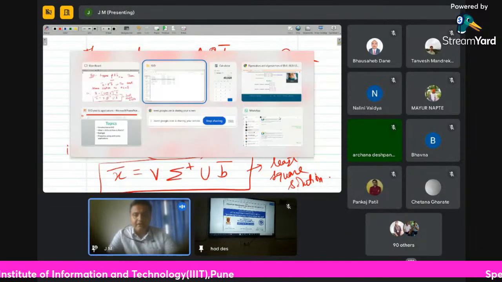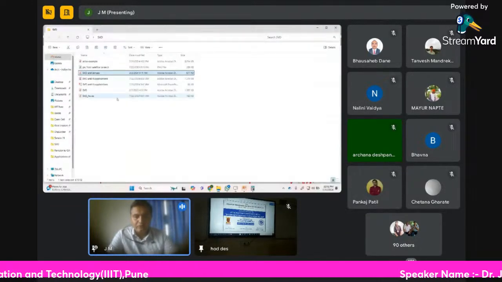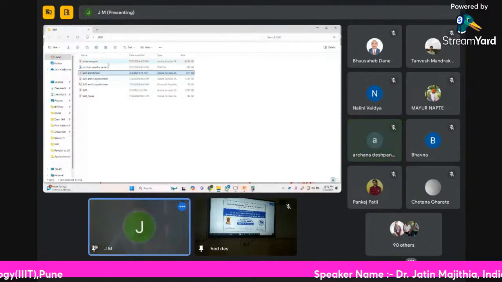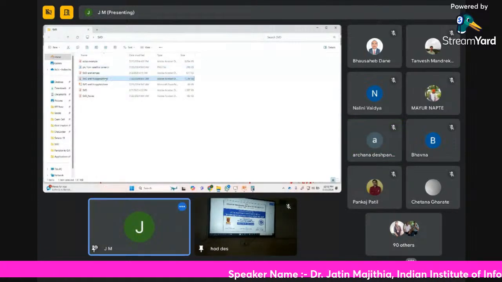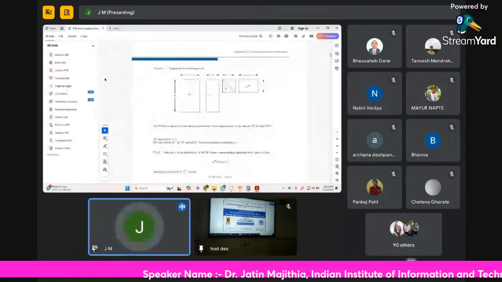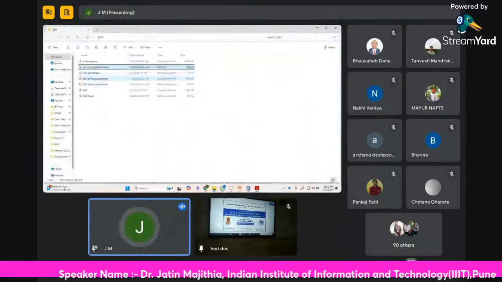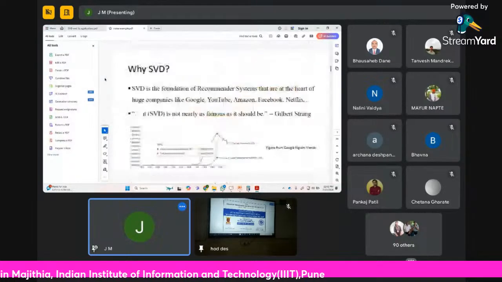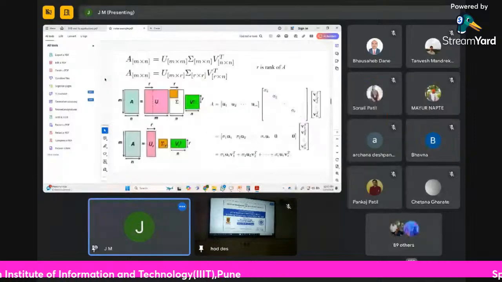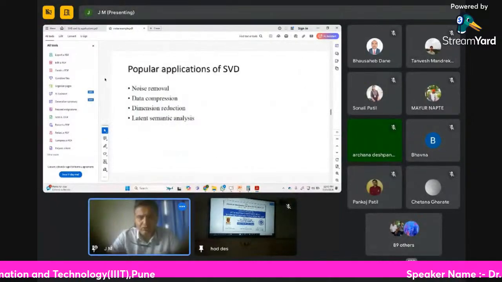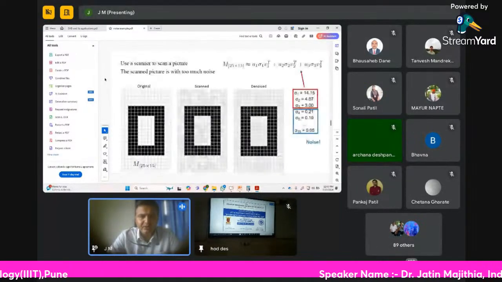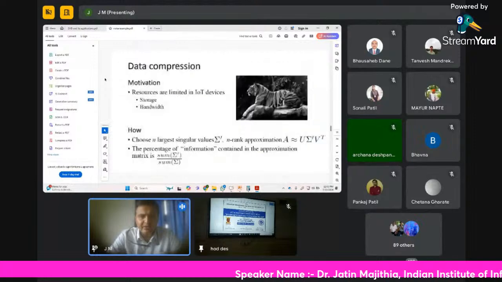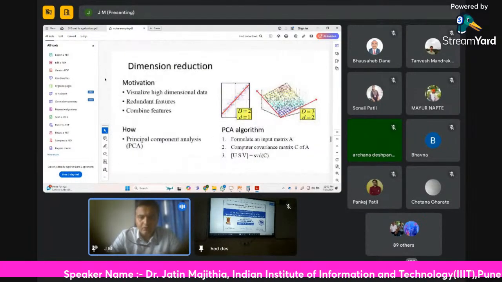So yeah, I hope these examples are clear. These were some more examples which I came across. Noise removal, I told you how this algorithm is used a lot.